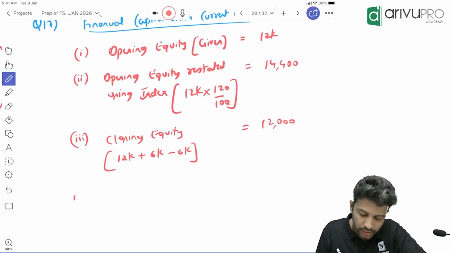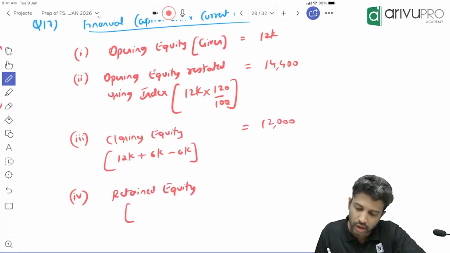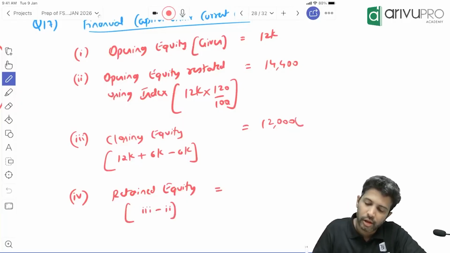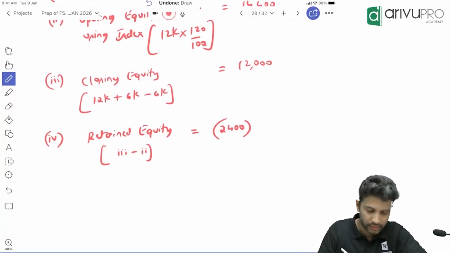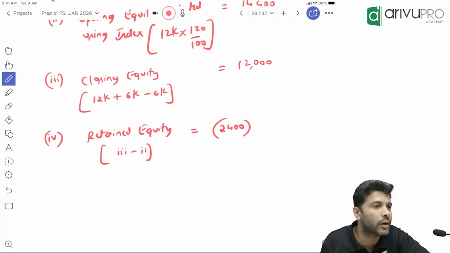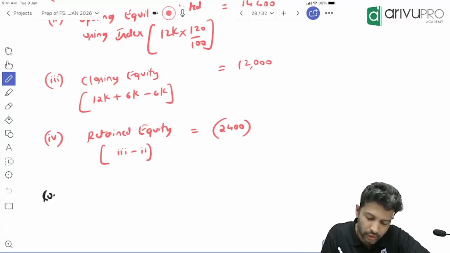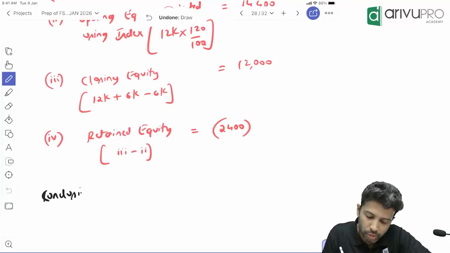Now you check retained earnings. Retained equity or retained earnings, we can say. That is nothing but your 3 minus 2. How much are you getting? 12,000 minus 14,400 is how much? 2,400 negative. First, I'll write it, then let me explain it to you. Retained earnings is 2,400 negative. So, therefore, you'll write the conclusion as: Point number 1.